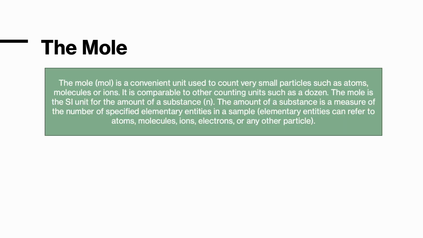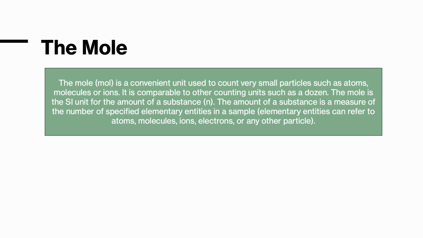Exploring the mole further, the mole is a convenient unit used to count very small particles such as atoms, molecules, or ions. These are all considered as elementary entities. The concept of the mole is comparable to other counting units such as having a dozen eggs, the dozen representing 12.